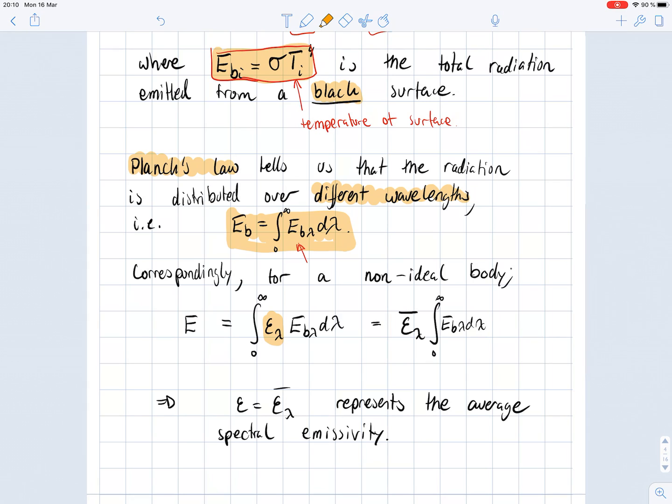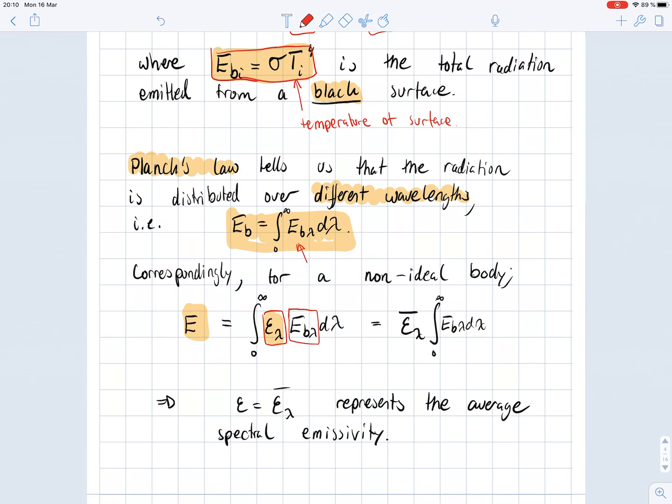This means that some surfaces may be very good at emitting, let's say, green light, but bad at emitting red light, for example. So in order to determine the radiation flux emitted from a non-ideal body, we will again do the integral over this spectral density for a black body, but we will use the spectral emissivity as a weighting factor.